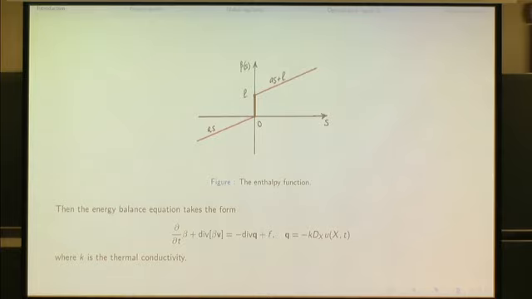So if you don't have any motion, then you get precisely the heat equation, well, the heat equation with some elliptic operator here. Q is the flux. Depending on which type of environment you consider in this problem, you may have different forms for this Q. But again, for the simplest case, you can assume that Q is a multiple of the gradient. In that case, you get the heat equation.